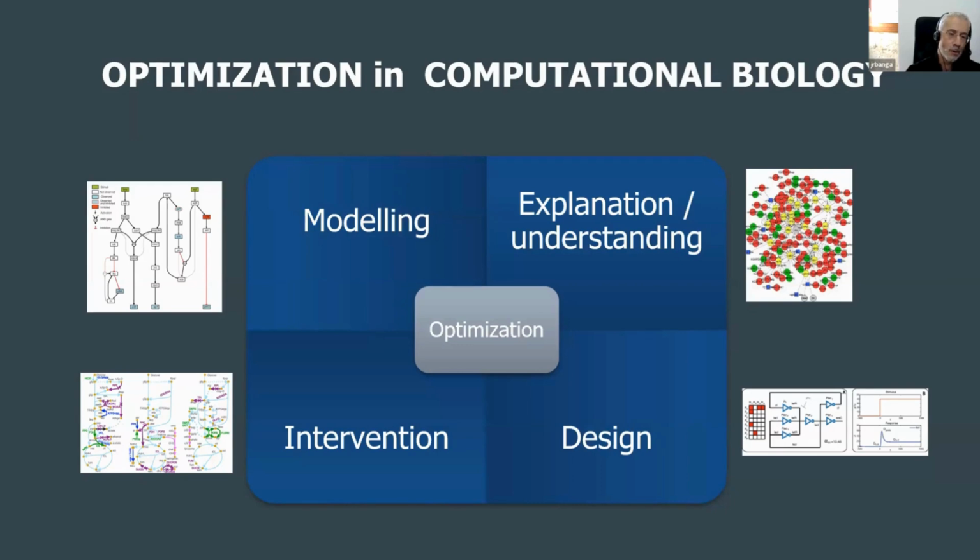So trying to understand the way these pathways work, trying to distill the principles that evolution has chosen for these pathways to be the way they are in the present time. And then finally, in this other related field of synthetic biology, we can also use optimization to find the best designs for a new part that we want to insert in a living system.